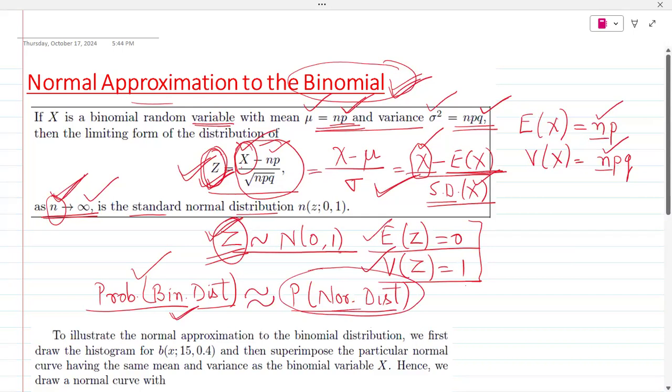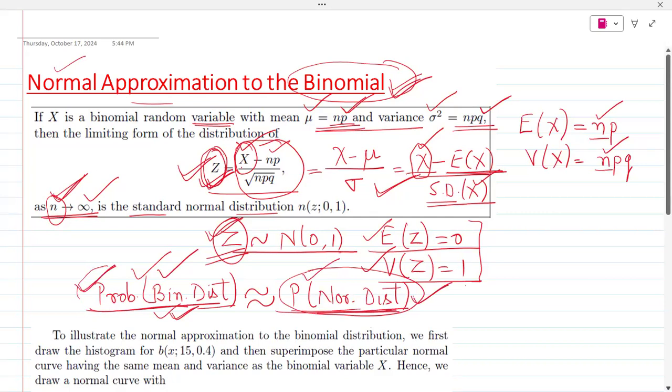I repeat, for those cases where we can find a certain probability using the binomial distribution, the same probability can be calculated by applying the normal distribution, but it will not be exactly equal, rather it will be approximately equal.